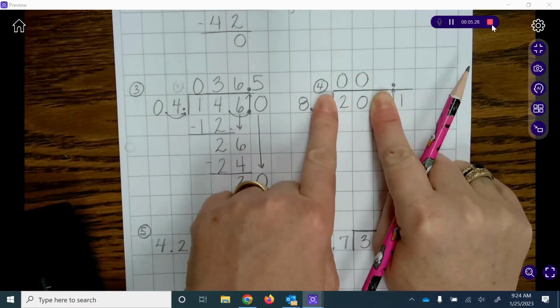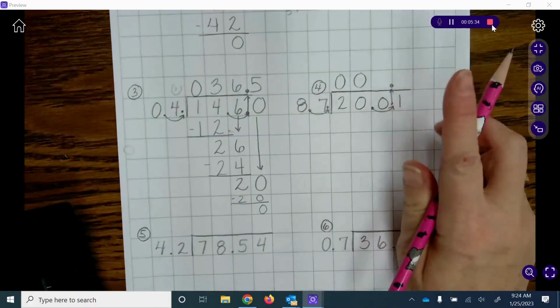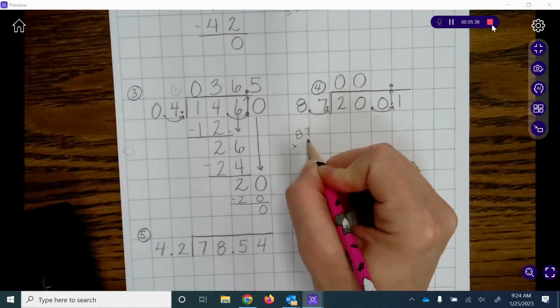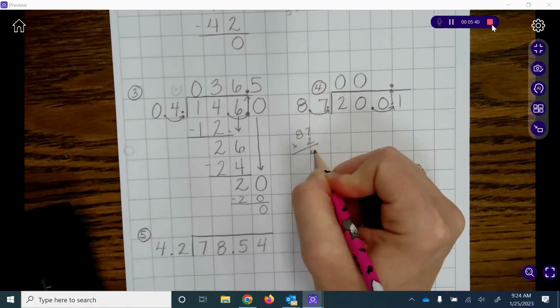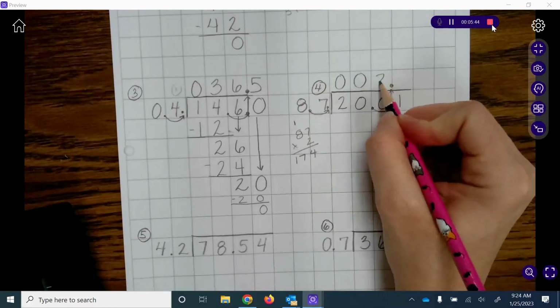8 can go into 20 2 times, which is 16. So we're going to try 87 times 2, 14, 16, 17. Let's see if that works.